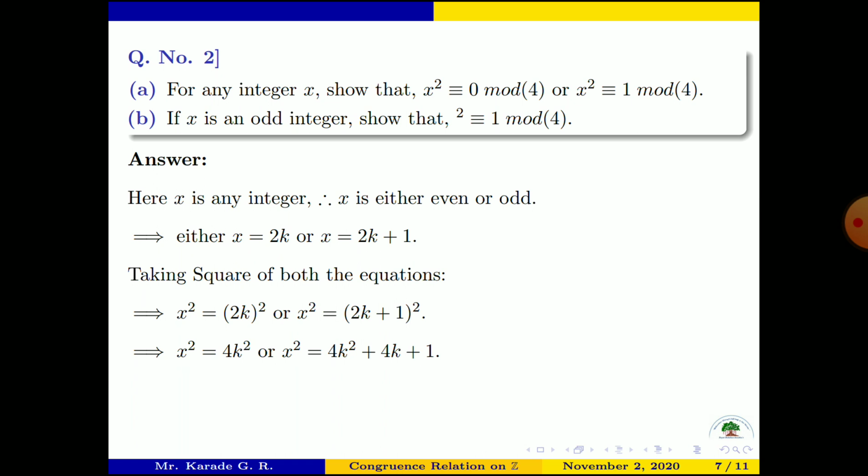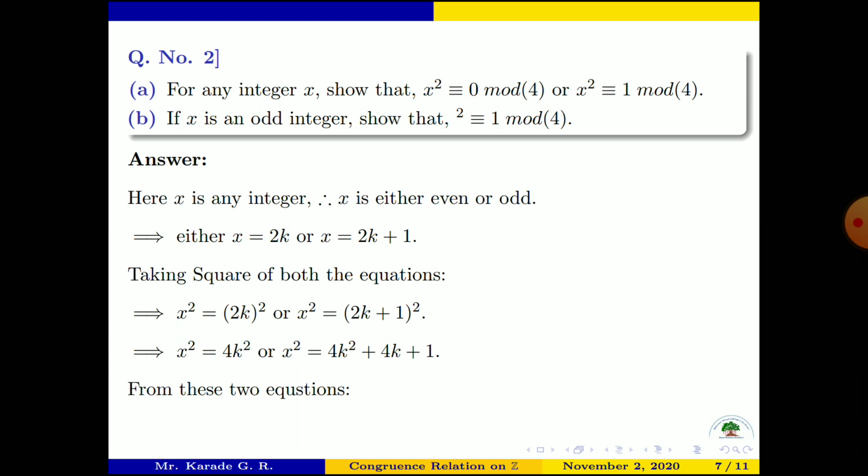Now you will observe that from the first equation, x square is equal to 4k square, the right hand side 4k square is divisible by 4. Therefore the left hand side x square is also divisible by 4. Therefore 4 divides x square. That means that by the definition of congruence relation, x square must be congruent to 0 mod 4.